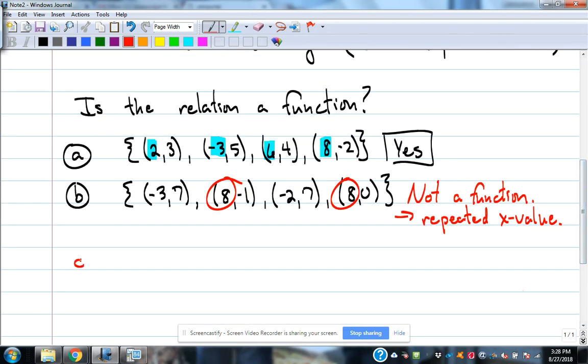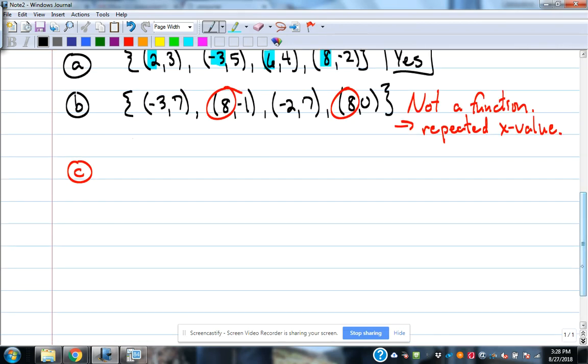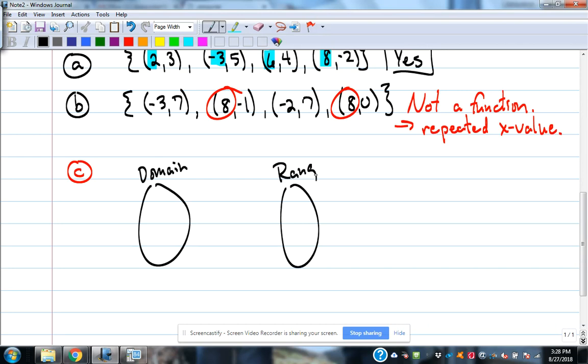So let's look at another way of writing a relation, and that's what's called a mapping. What they do is they have a couple of bubbles, and one bubble is the domain bubble, and one is the range bubble. They might have 3, 5, and 7, and then -2 and 6.